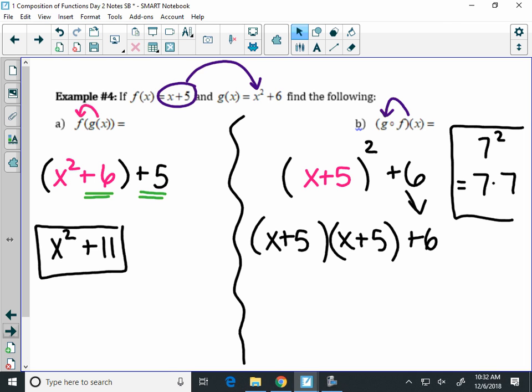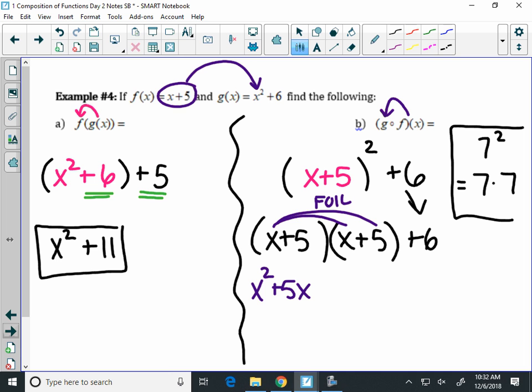Now here you want to do the distributive property, and if it helps you to remember the FOIL acronym for distributing. So I'm going to take x times both terms in the other parentheses, which is x squared plus 5x. And then you take the 5 times both terms in the other parentheses. So plus 5x plus 25, and don't forget to bring down your plus 6 again.